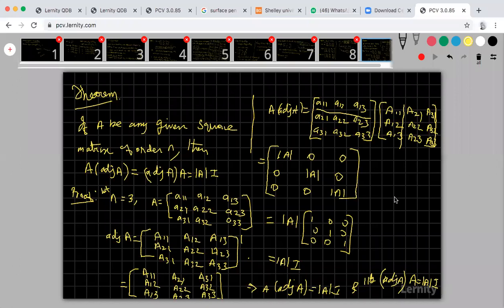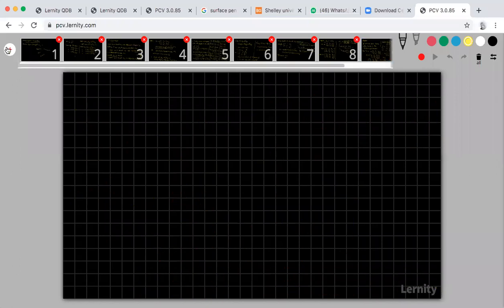The next one we have to define. Definition: we are going to define a singular matrix and a non-singular matrix.